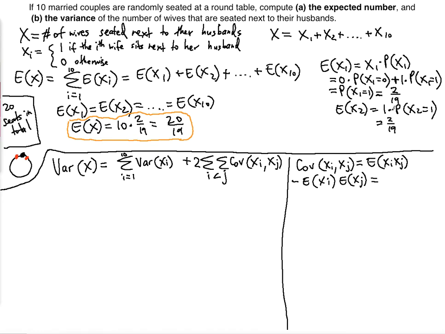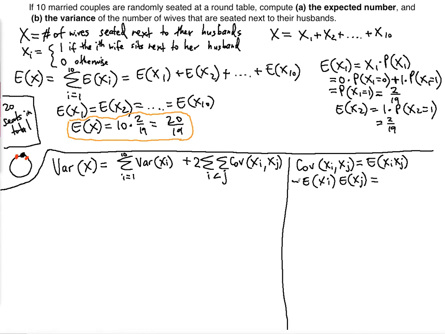So you will essentially be talking about 1 times 1 is 1, and the probability of xi being equal to 1 and the probability of xj being equal to 1, right?